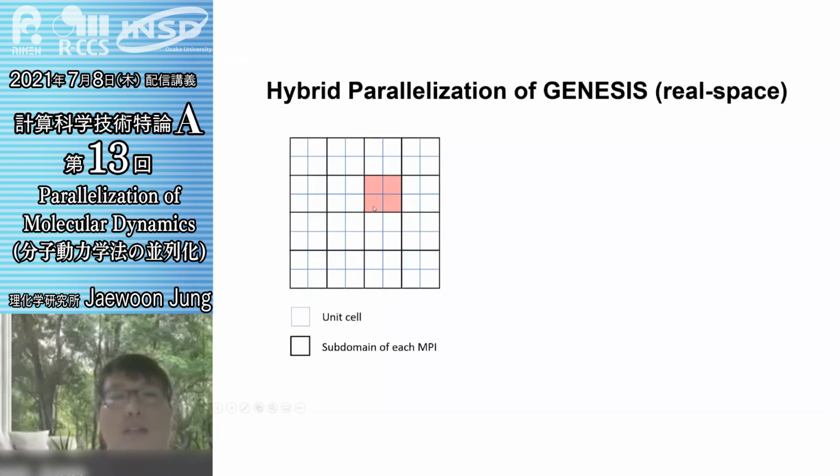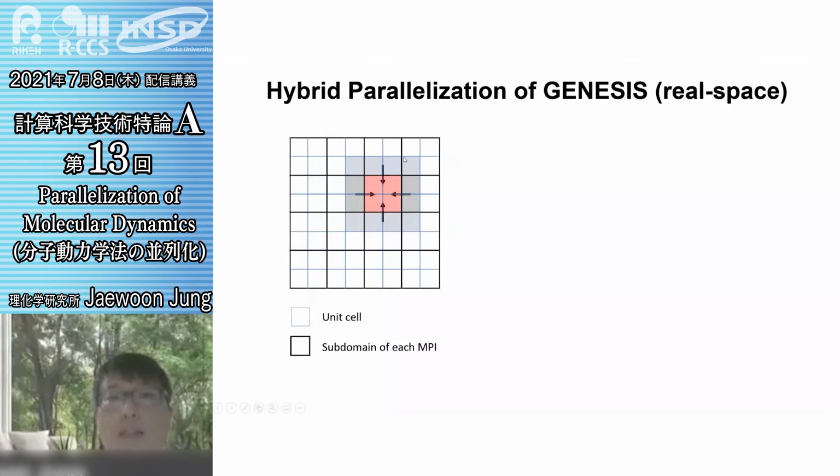Before performing hyperparallelization, we need data of this population. So first, we communicate the data of this one and this one. And next, we import the data from upper processors of this one and this one. So this MPI has the data of this subdomain and the population.